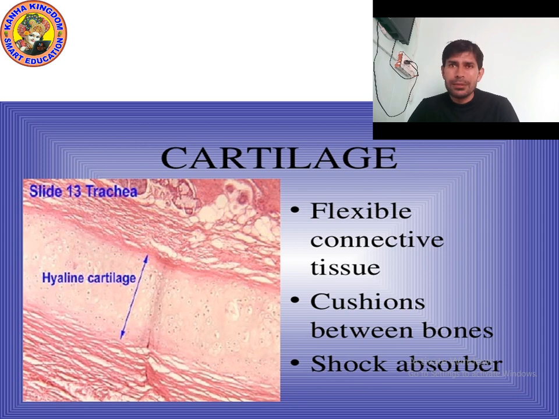As you can see in the picture, cartilage is found between bones. So it works as a cushion between bones. Because of cartilage, the joints between bones do not collide with each other.